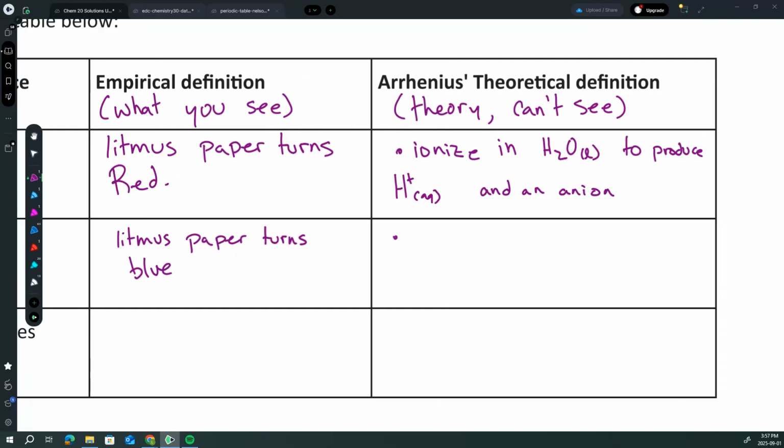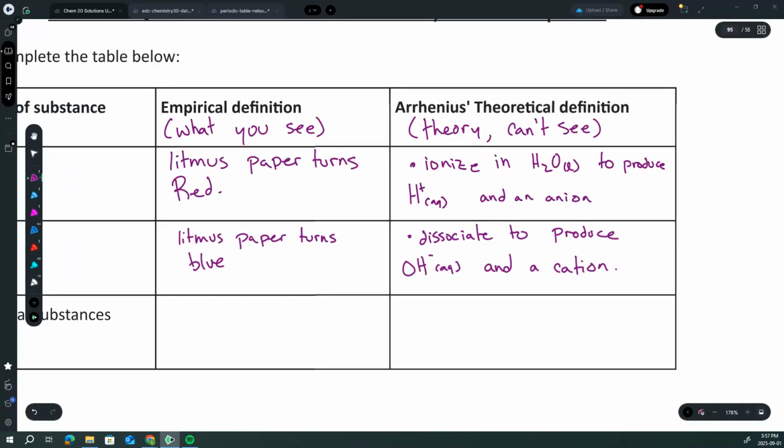Okay, so I'm using the word dissociate specifically because most bases that we're going to talk about in chemistry 20 are ionic compounds. However, not every single base is an ionic compound. So dissociate to produce hydroxide ion and a cation. So a reminder, cation is just a positive ion.